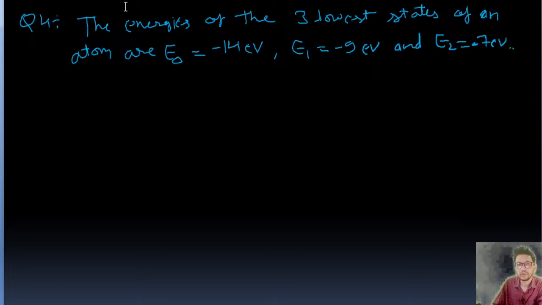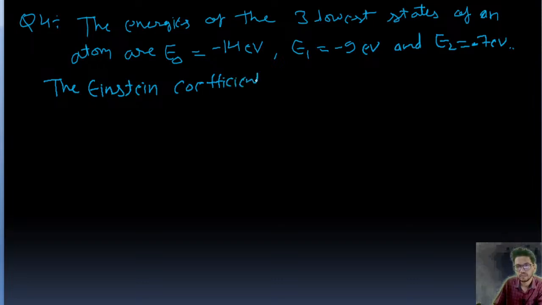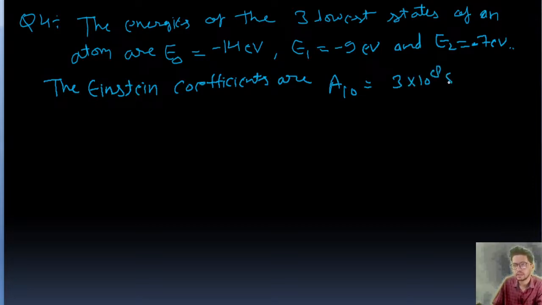The Einstein coefficients are A10, which is given, that is 3 into 10 to the power 8 second inverse.